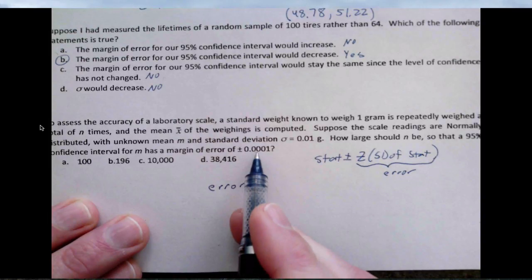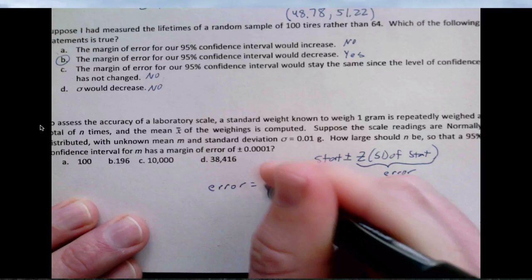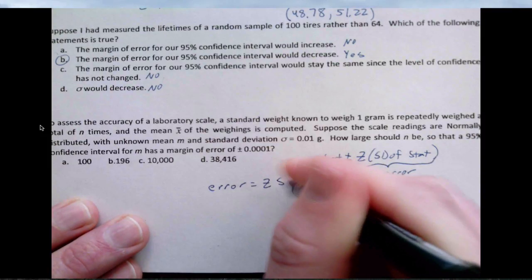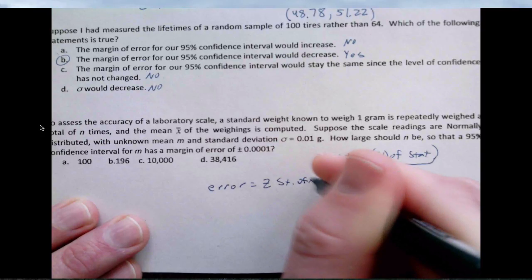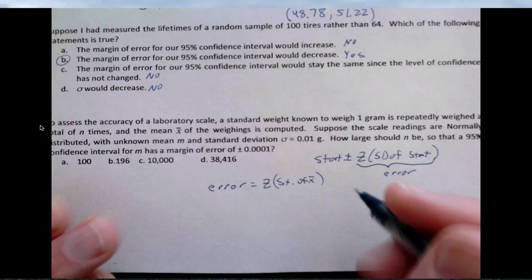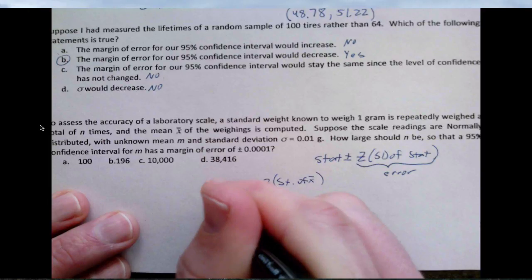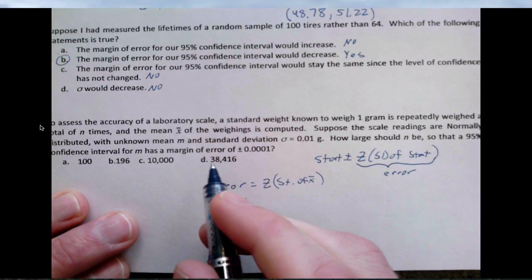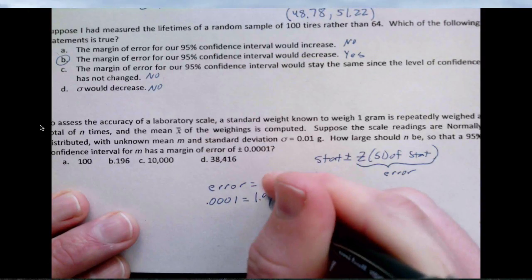And they told us that we want that amount to be this. All right, so the error equals our z multiplied by the standard deviation of x bar. Okay, now error is known to be 0.0001. We're doing a 95% confidence interval with a z value, so that's 1.96.